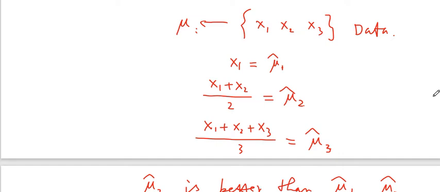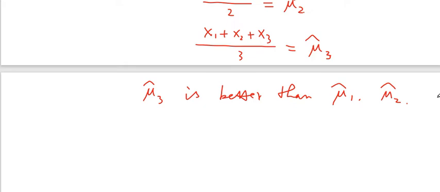And for mu 2 hat we just use x1, x2. We do not use the information from x3, right? So for this mu 3 hat, we use all of them: x1, x2, x3. But here, why divided by 3? How about divided by 2?